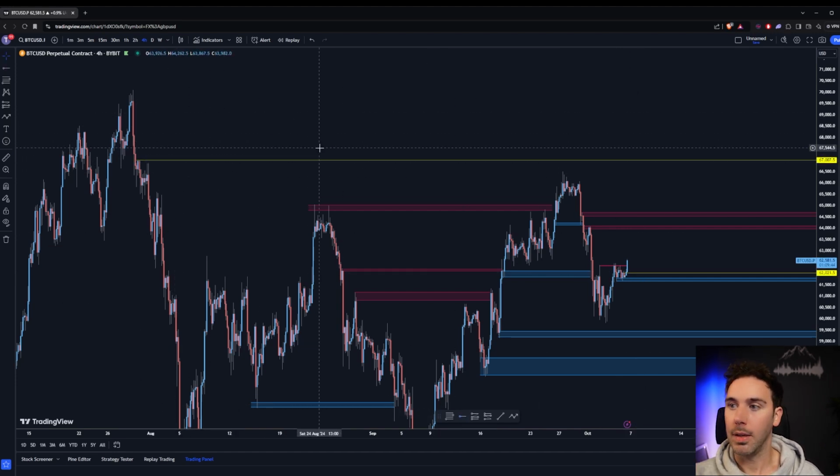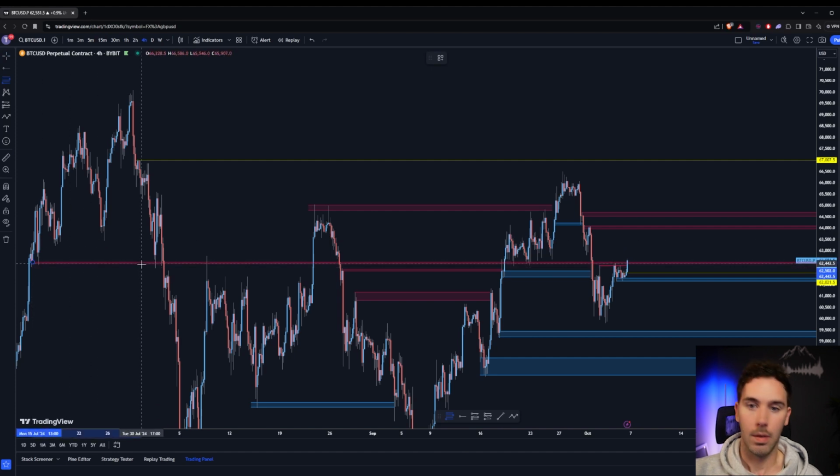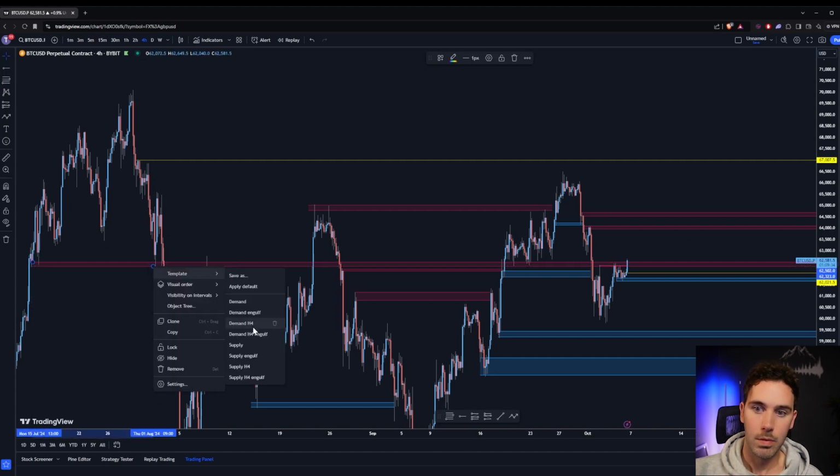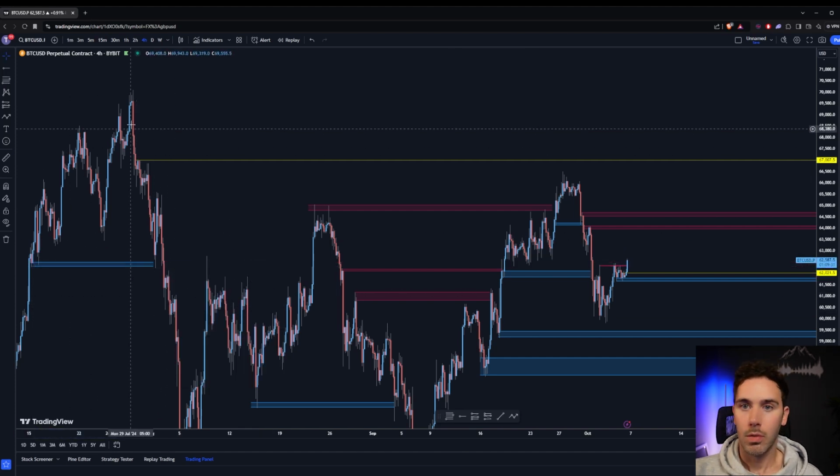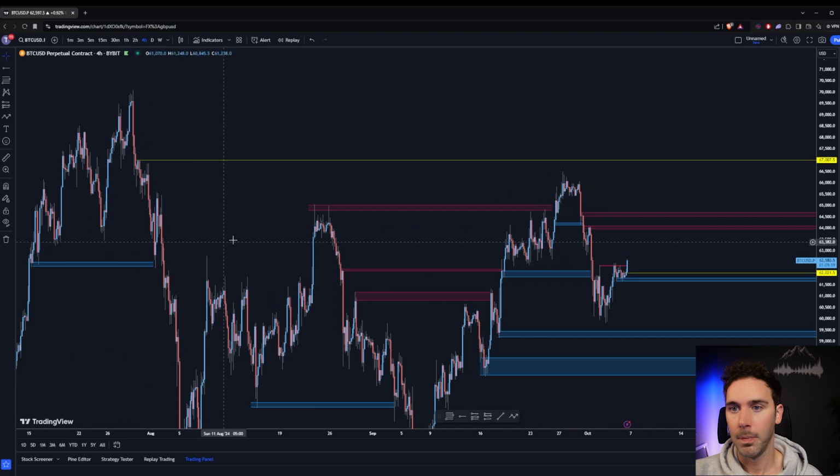But what we've got here is a couple of targets. So this is the origin of the sell-off, which broke all of this support, which we can see. So price made a high here, drops, breaks this support, pushes up, sell-off happens, and this is the origin of that sell-off which broke this support.